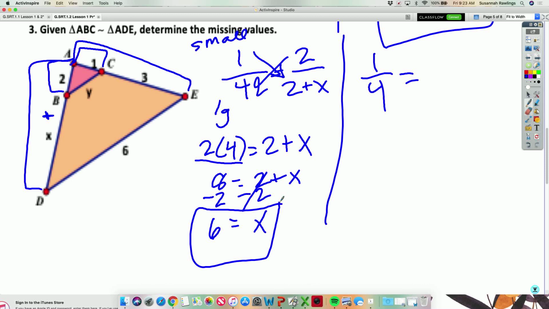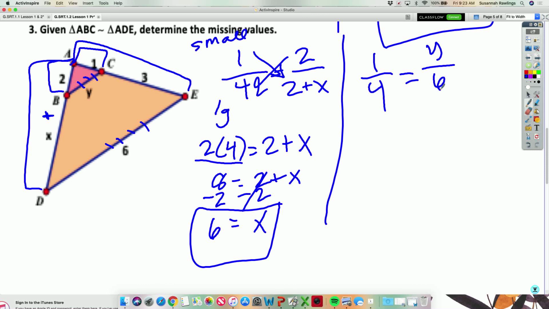Questions? Okay, your other one, you don't have to add any pieces together because the whole line or segment is given to you. So our last one would be y and 6. Which one do I put on top? Good, I'm doing small over large, so I'm going to do y over 6 here.